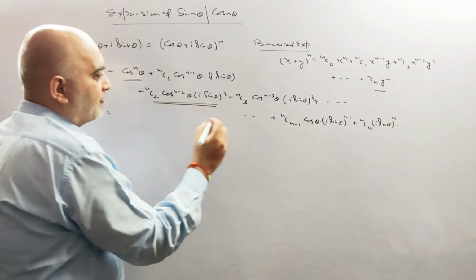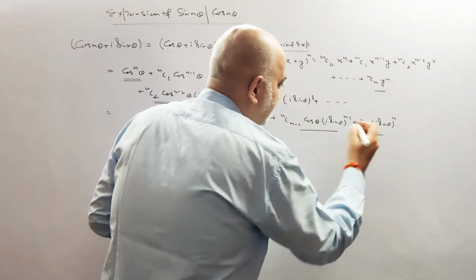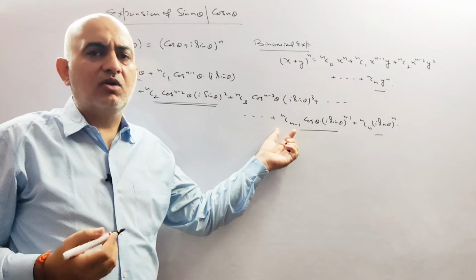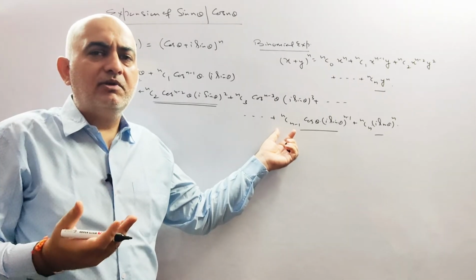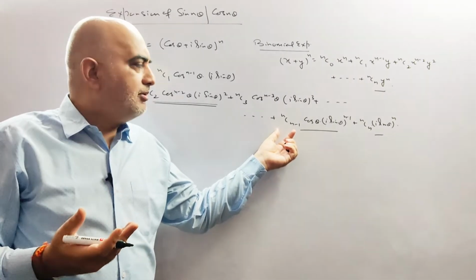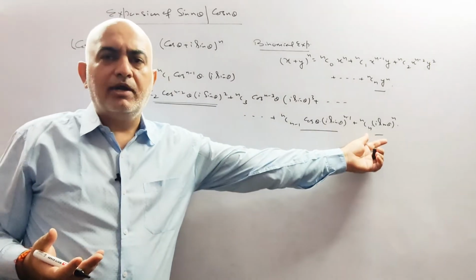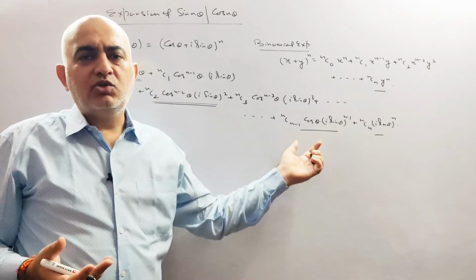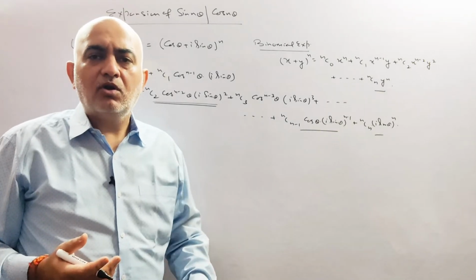This term, and after that it may be at the last, right? We don't know about the index n, whether n is even or odd. If n is even, it may be that here will be iota and here no iota, and if n is odd, there will be iota or no iota. So it is an issue whether n is an even number or an odd number, right?